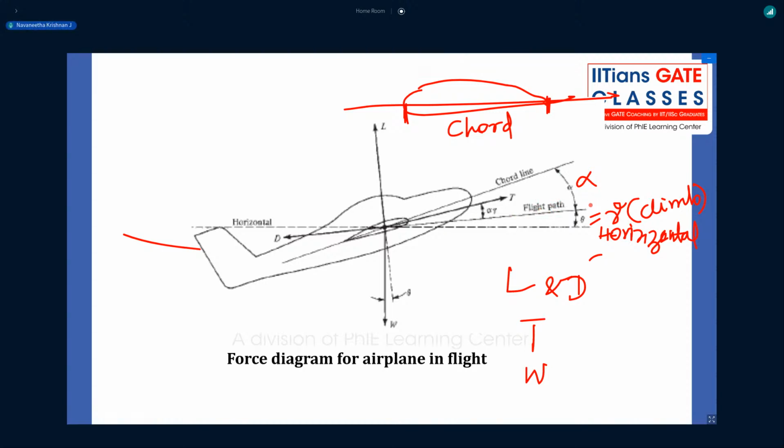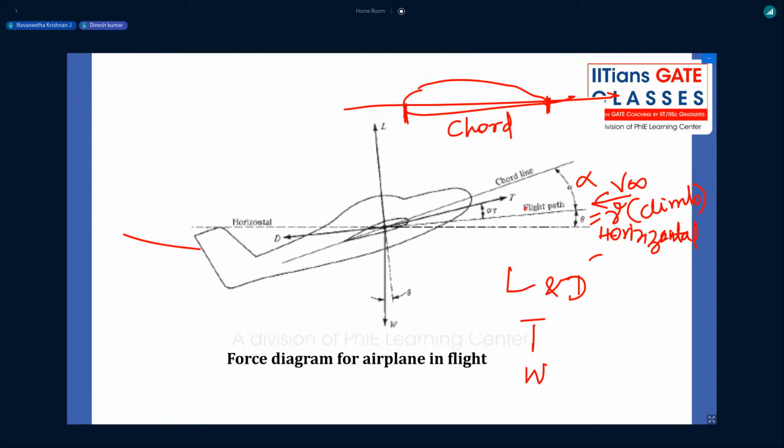This is your flight path, and that is your free stream velocity direction also. Parallel to the free stream velocity acts a component called drag. Perpendicular to the free stream velocity acts the lift.